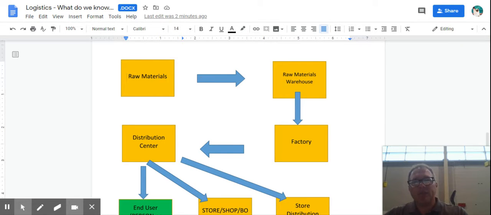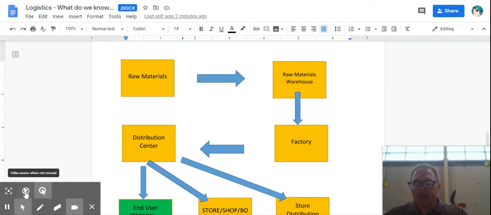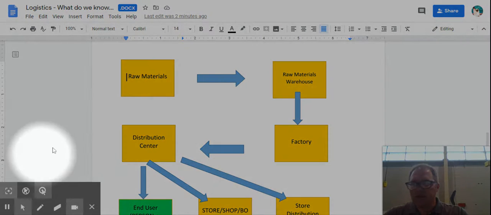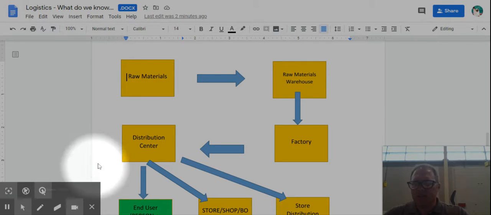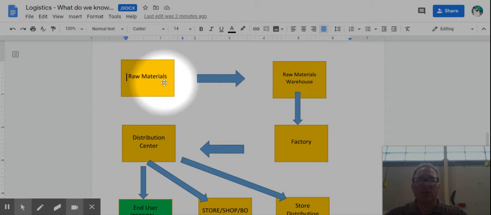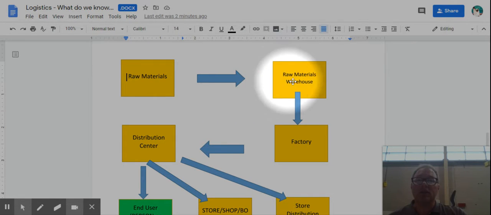Okay, and essentially what happens is that, let's see if I can. There we go. I don't know if this is annoying or not, but I'm going to use it, so hopefully it won't be too bad. Basically, these are all raw materials. From the raw materials, they sell these products to companies that are actually going to put the can of corn together.